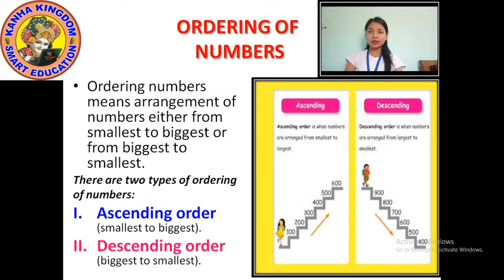Now we are going to learn about ordering of number. Ordering of number means arrangement of number either from smallest to greatest or greatest to smallest.